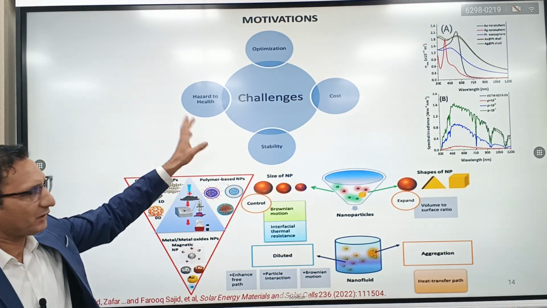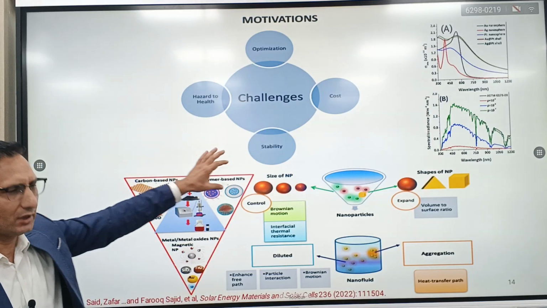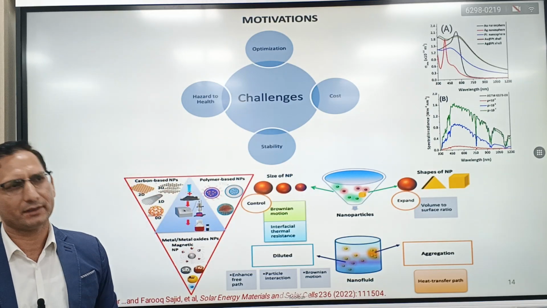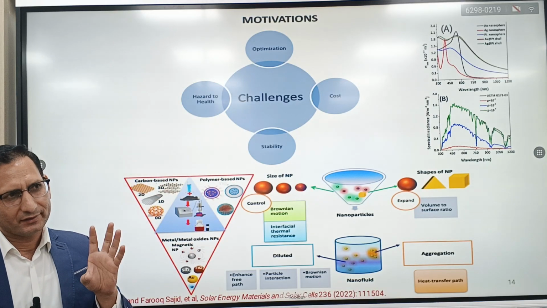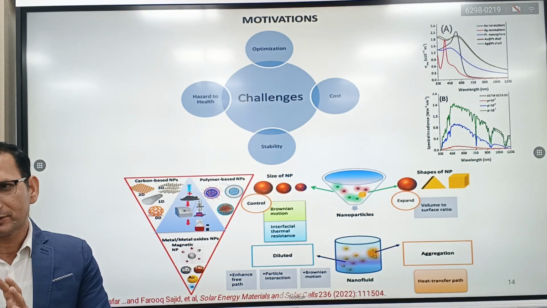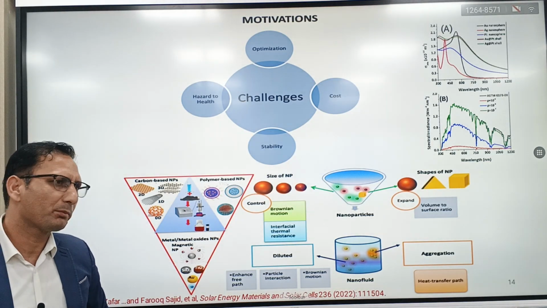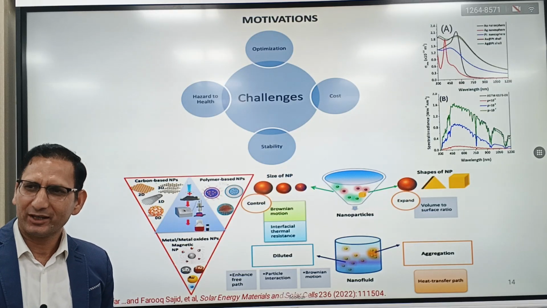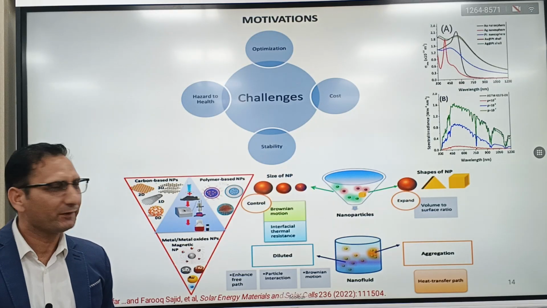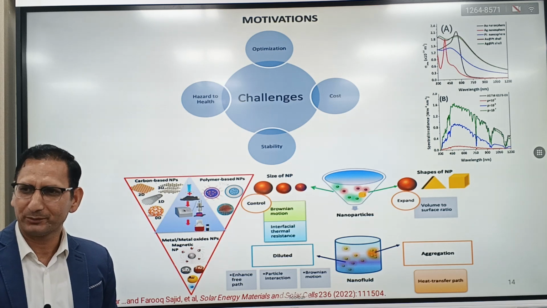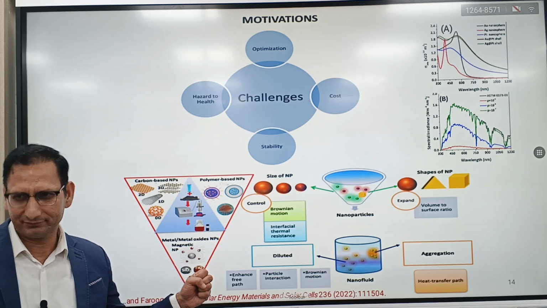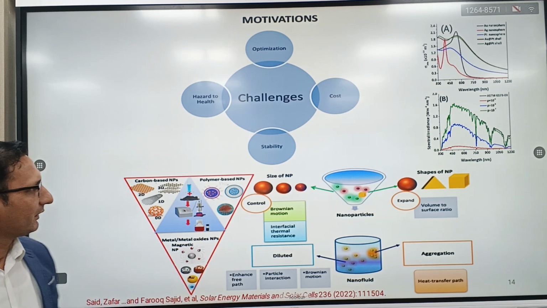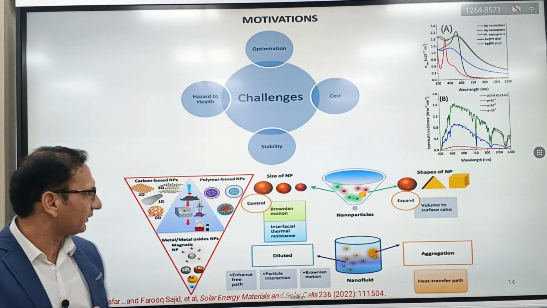Whether they are environment friendly is also an issue. Stability in nanofluid is very important, because if we have gold and silver, after 4 or 5 months agglomeration starts. So it's very hard to use them as a nanofluid because you need well dispersed nanoparticles.